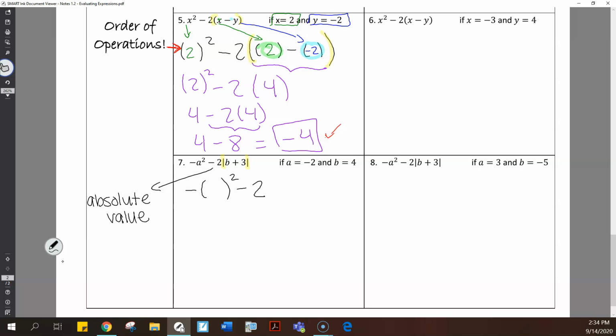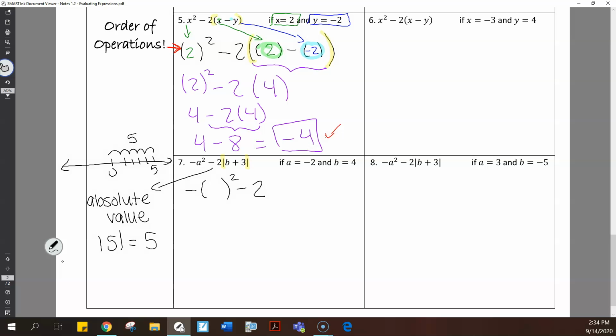Okay. Remember that the absolute value is defined mathematically as a number's distance from 0. So if I have something like the absolute value of 5, if I'm looking at a number line, it is 1, 2, 3, 4, 5 spaces from 0. So the absolute value of 5 is 5.